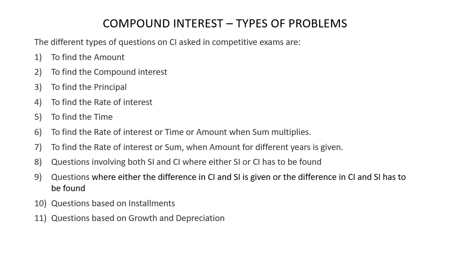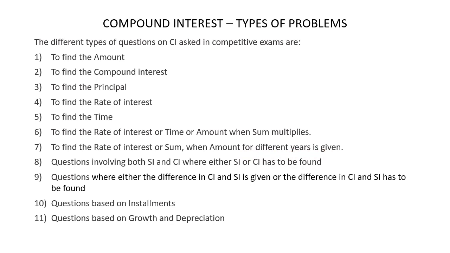The fifth type is to find the time. The sixth type is to find the rate of interest or time or amount when sum multiplies. The seventh type is to find the rate of interest or sum when amount for different years is given.